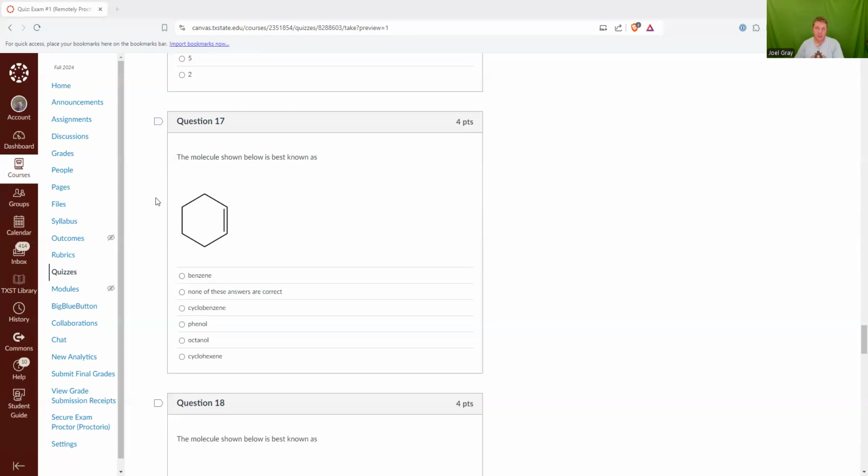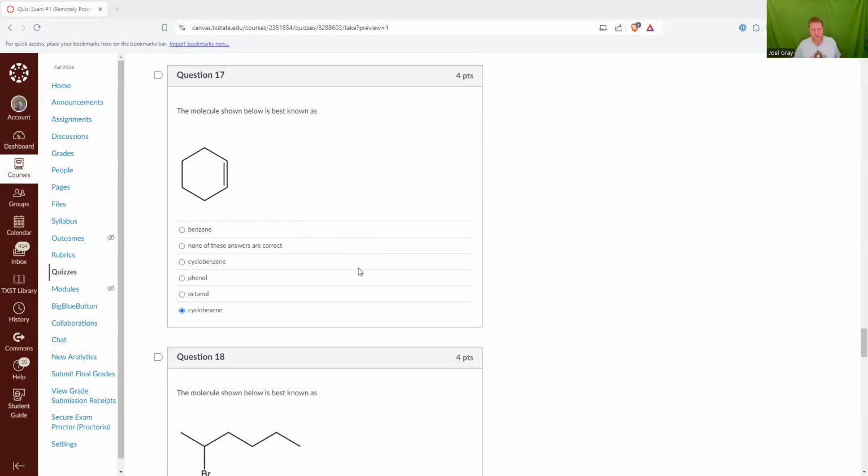So that's 6 atoms. There's 1 double bond, so we've got to have ene, and it's a cyclic molecule. So let's go with cyclo. And cyclohexene is our correct and our best answer for that. Some of y'all might have been distracted and thought about, ooh, it's benzene. Well, benzene has multiple double bonds.